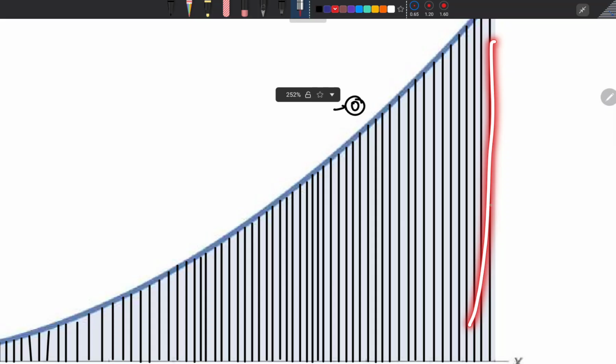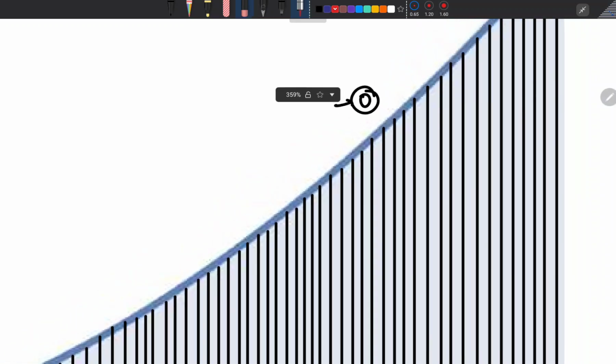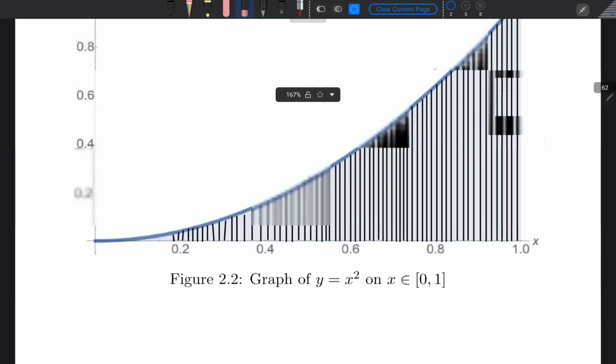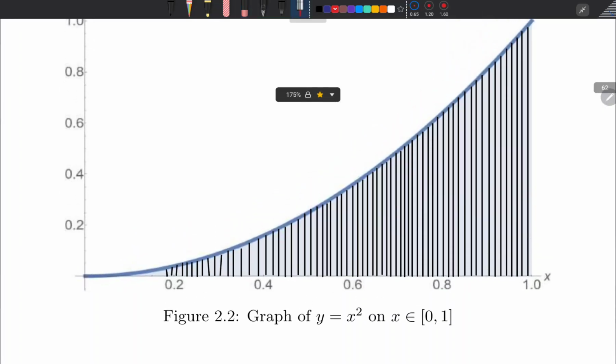The length of the line will matter, but the difference between two consecutive lines on this curve won't matter if we have an infinite number of rectangles. That's why I drew all these lines to explain it. That's really amazing.